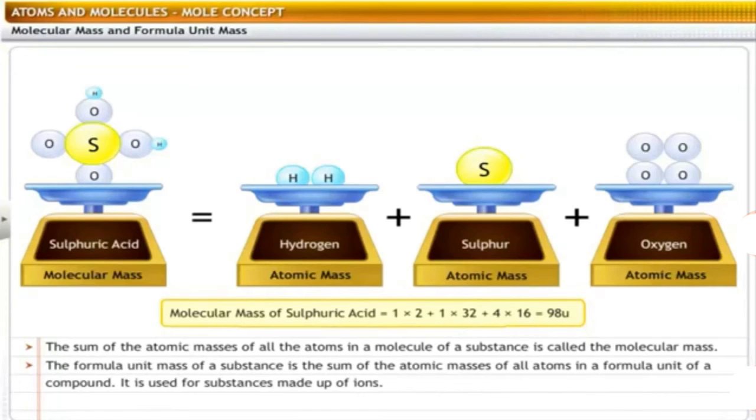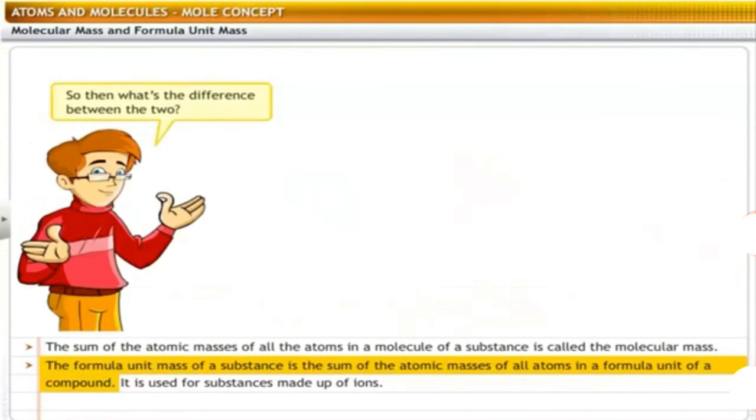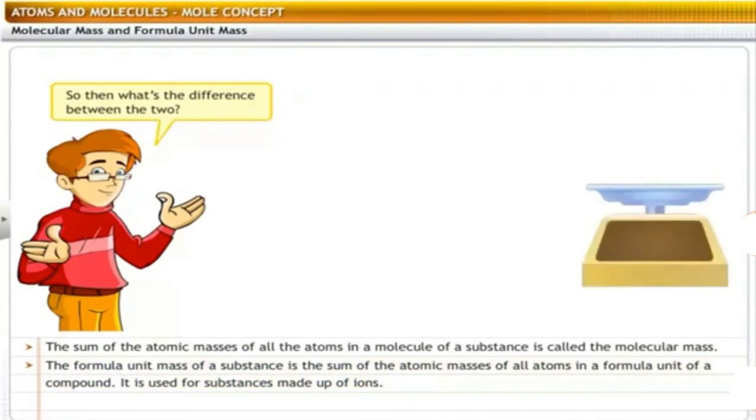The formula unit mass of a substance is the sum of the atomic masses of all atoms in a formula unit of a compound. So what's the difference between these two? The term formula unit is used for substances made up of ions.